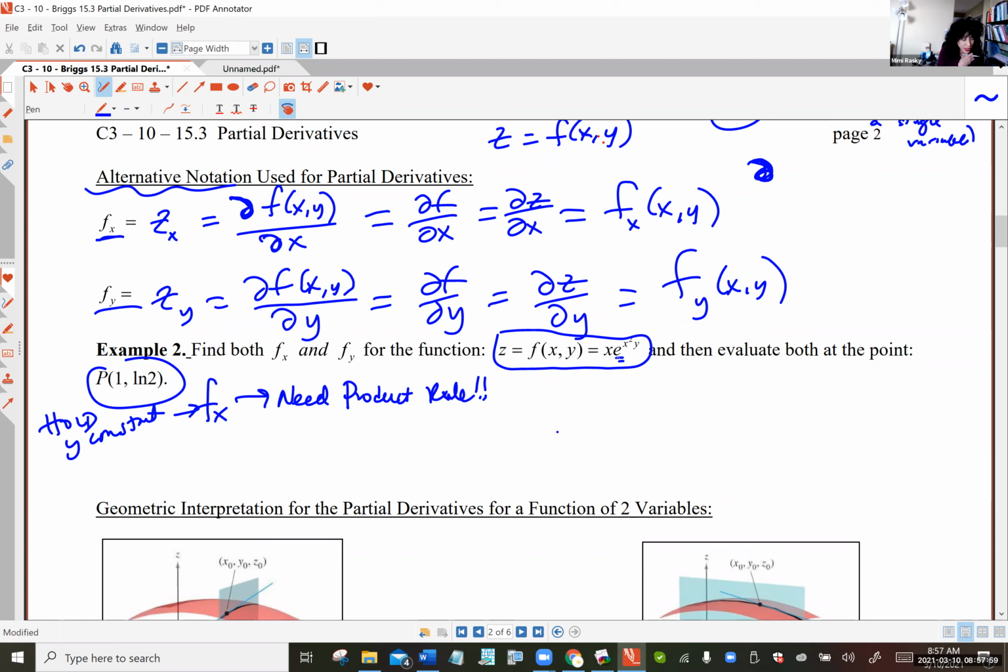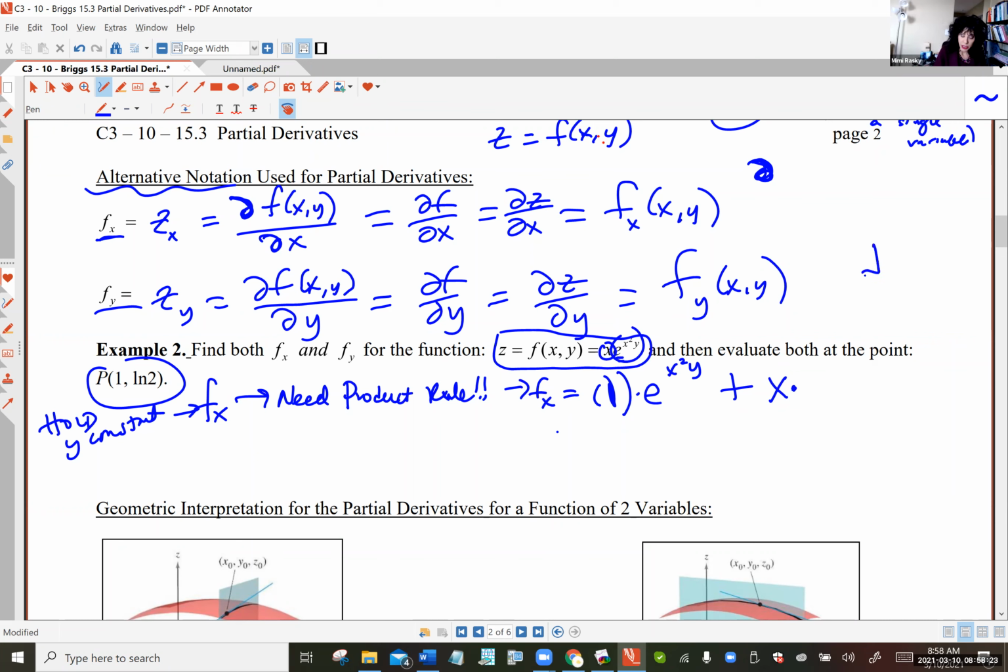So you're going to have to do this very carefully. So you're going to first take the derivative of the first factor, x, with respect to x. Well, that's just a 1. And then multiply that by the other factor, plus x times the derivative of e to the x squared y power, but with respect to x.